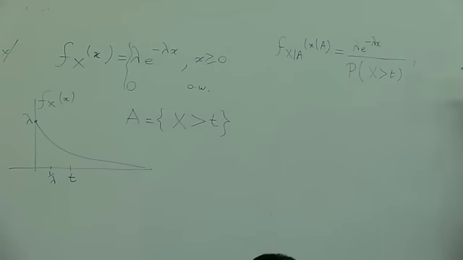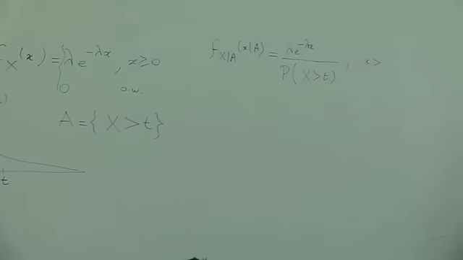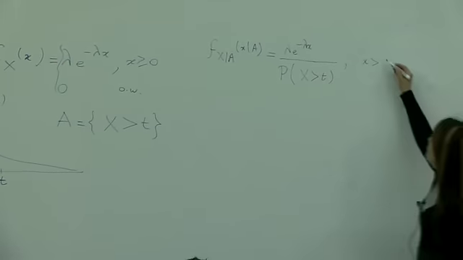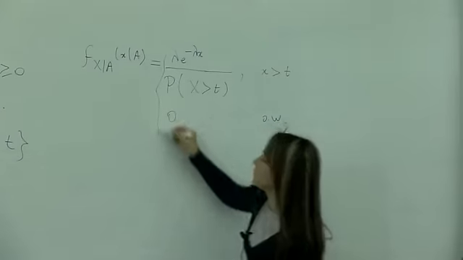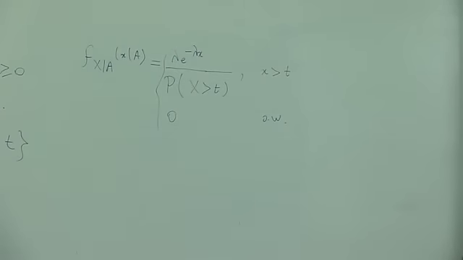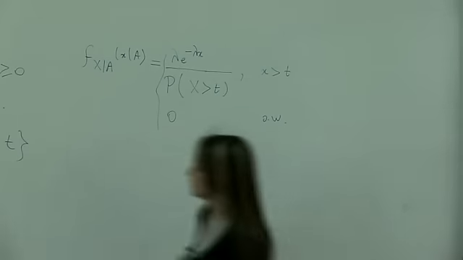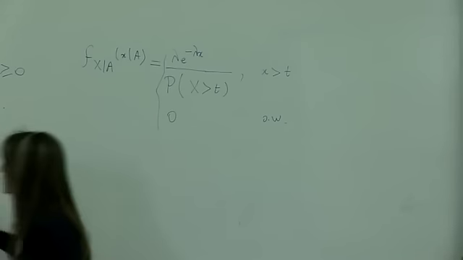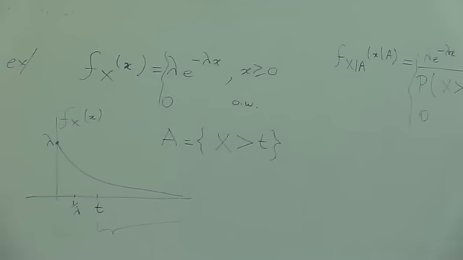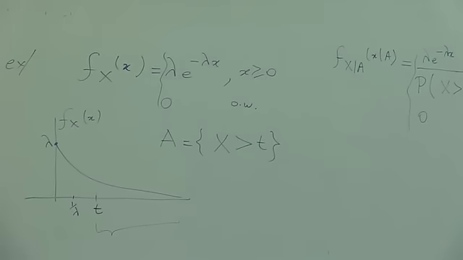This is the case, of course, when x is in A, which means x is bigger than t, and it's 0 otherwise. Any problem with this? We know that the conditional Pdf will be restricted to this region. We just don't know the shape yet. This is for us to determine.